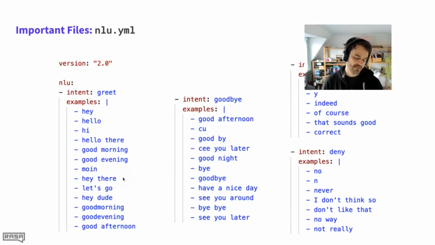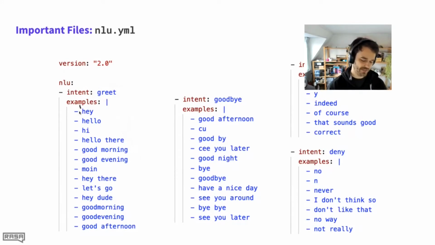The idea is that this is going to be input for a machine learning algorithm, such that it can learn, if I see something similar to good morning or good evening or hey dude, that can be interpreted as the intent greet. It is the job of the machine learning algorithm to generalize beyond just detecting these separate words, of course.